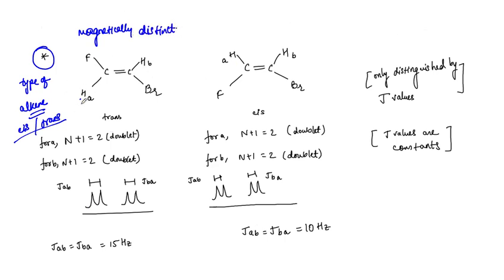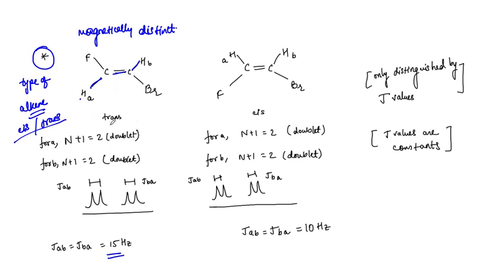So these magnetically distinct protons are going to split each other, and again it is a three bond coupling only, right? But the coupling constant is going to be much higher. Why? Because the bond is shorter, as compared to an alkane where the bond is much longer. Okay, right.